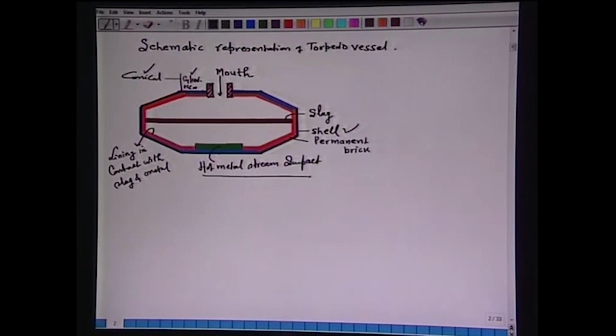Now, earlier the torpedo vessel was used to transfer hot metal from the blast furnace to converter steel making. But with increasing quality requirements, torpedo vessels are increasingly employed to carry out refining in terms of removal of silicon, sulfur and phosphorus.